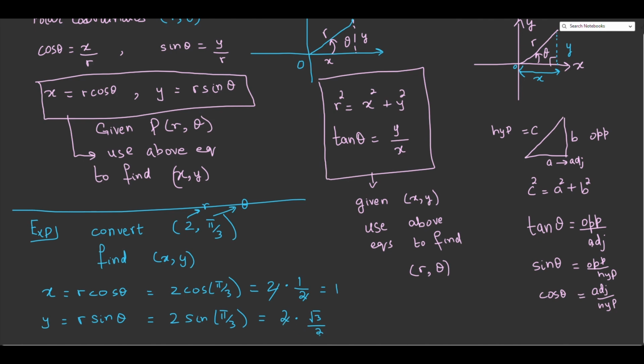Again this 2 cancels with this one and we get square root of 3. So x equals 1 and y equals square root of 3. So we can convert this point into xy.